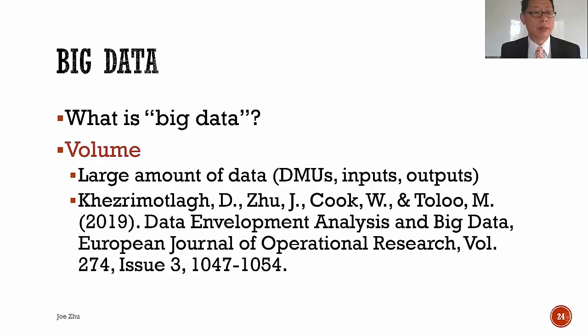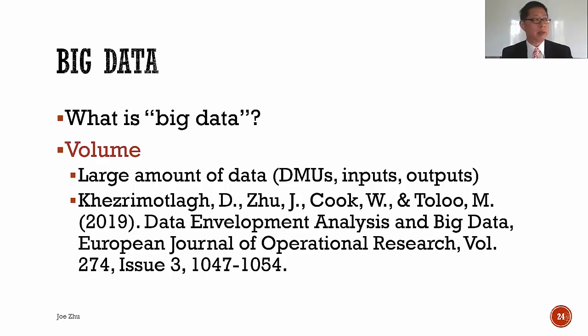So here I put down a recent paper or work that we published in Azure. It's called data envelopment analysis and big data. And there we talk about how you deal with a scenario that has thousands of DMUs. How do you calculate the efficiency scores quickly? Because under big data there is an issue of real-time update, right? So you have thousands of DMUs.